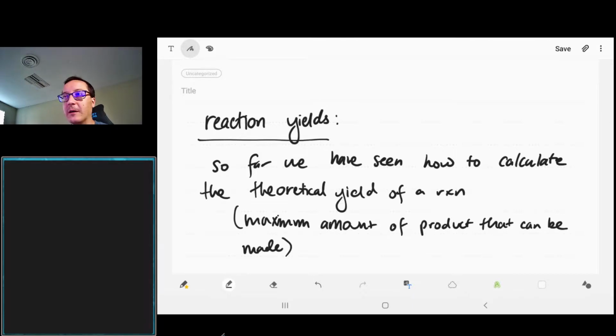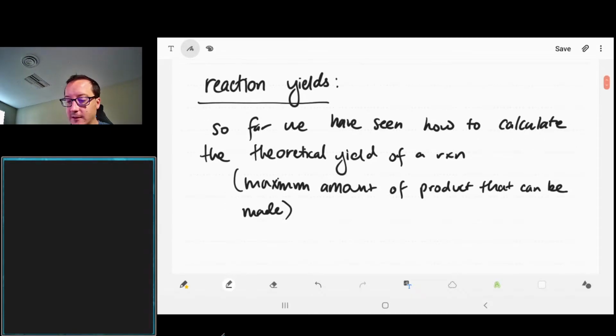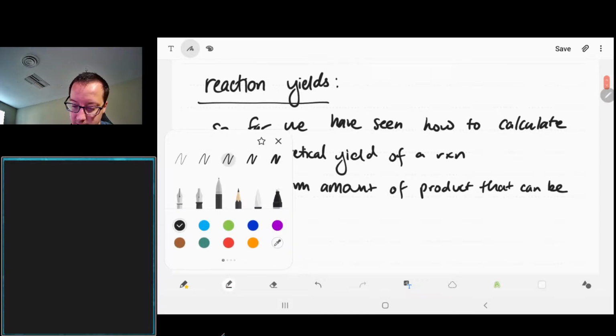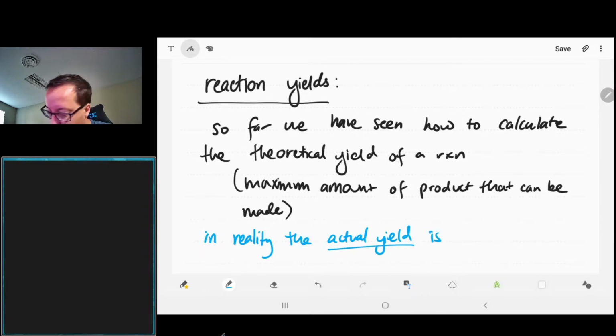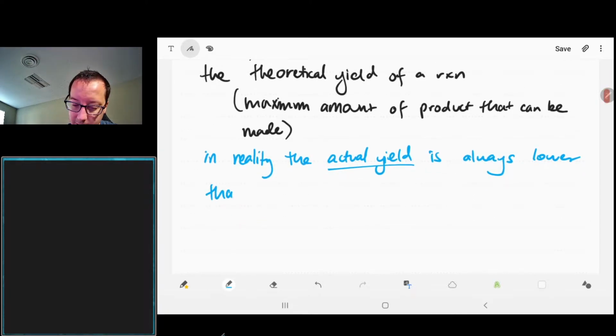And so it's called theoretical yield because in reality, the actual yield is always lower than the theoretical yield.